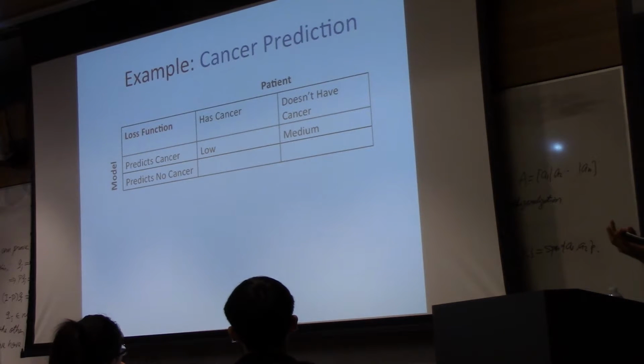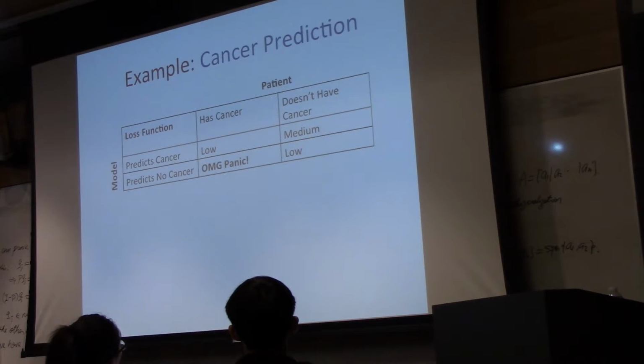We incur some loss, because there's a cost to this type of misprediction. It's not the worst thing in the world. The worst thing in the world is if the model predicts that the patient does not have cancer, and the patient in fact does have cancer. This is an extremely bad loss, right? And if we predict no cancer and the patient doesn't have cancer, there's zero loss.